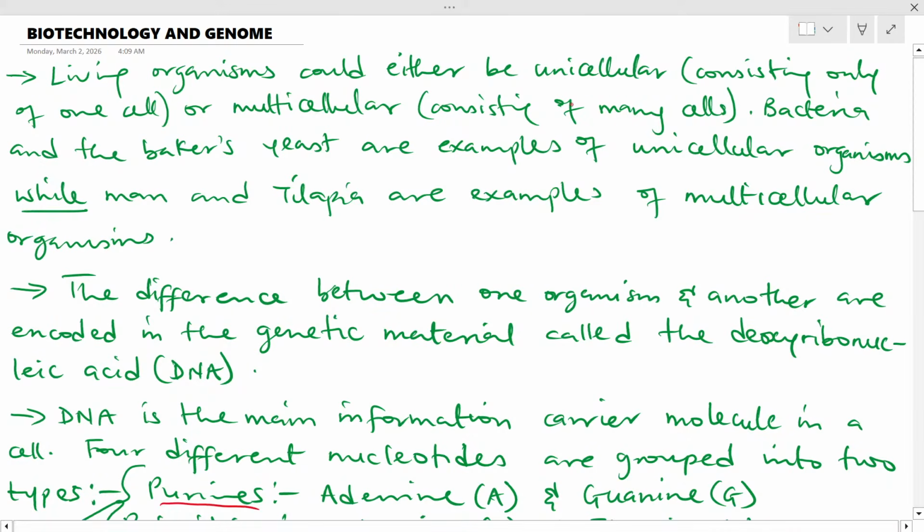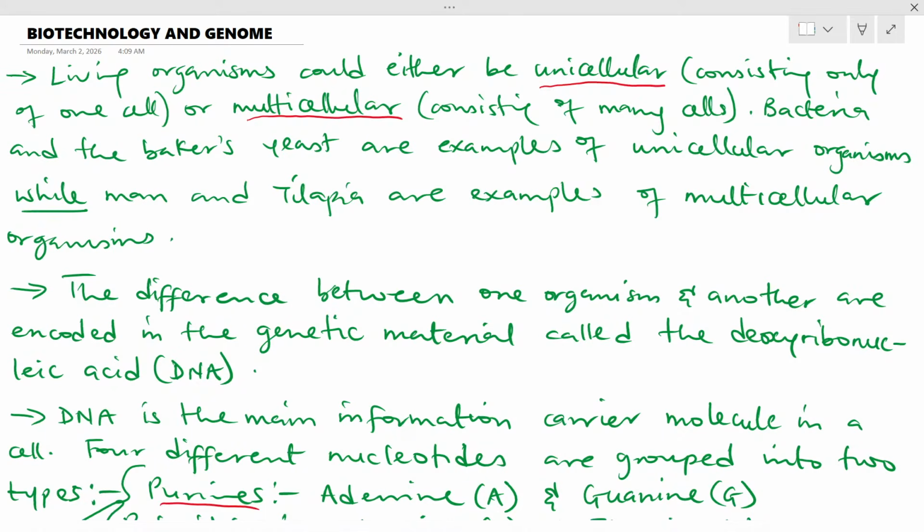When we say unicellular, it means it consists of only one cell, and multicellular consists of many cells.